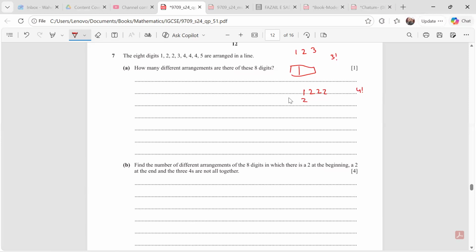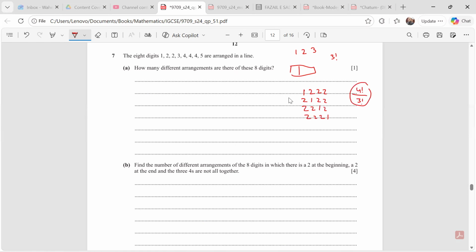It is going to be 2, 1, 2, 2; 2, 2, 1, 2; and 2, 2, 2, 1. So only four arrangements now. So how do I find this answer? I will divide by 3 factorial, because switching them around will not make any difference. So this is going to be my answer.